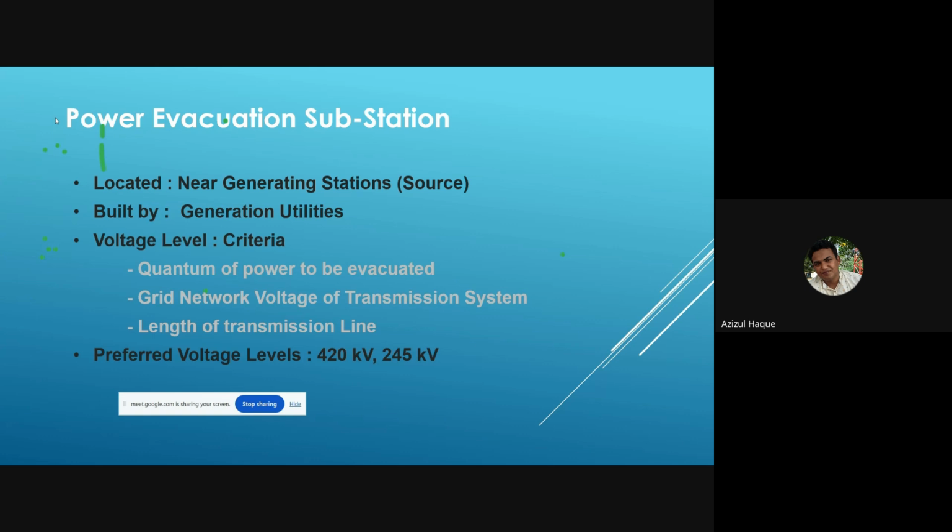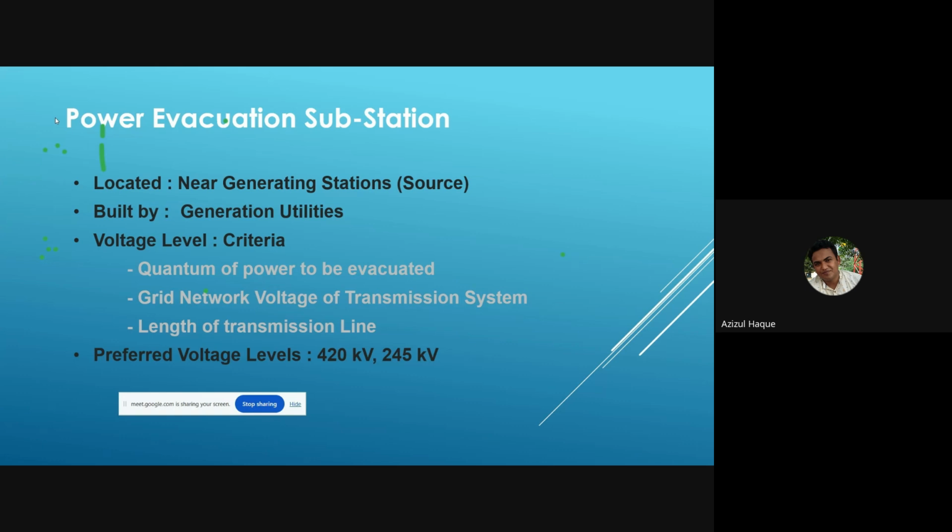A power evacuation substation is basically located near generating stations, and it is built by generation utilities. Generation utilities means the generating companies, the power companies that produce the power and have built the power station. They decide the substation voltage level at which the power will be transmitted.